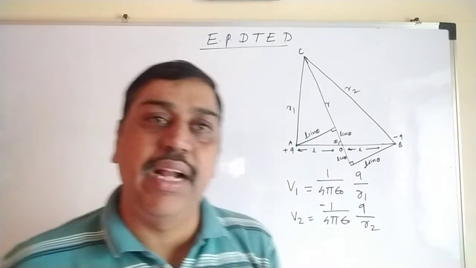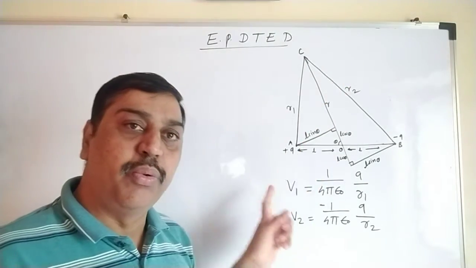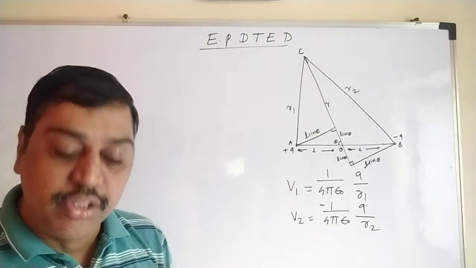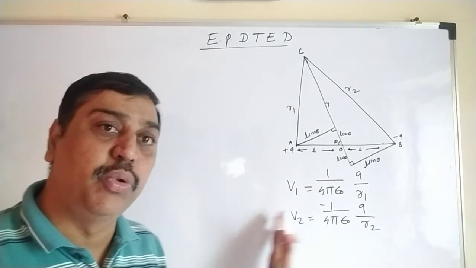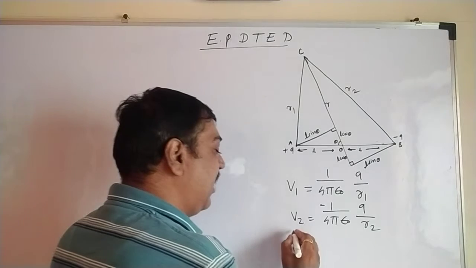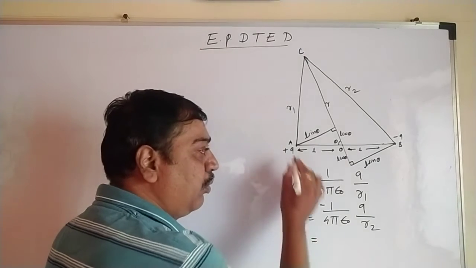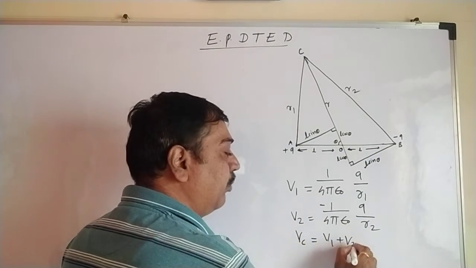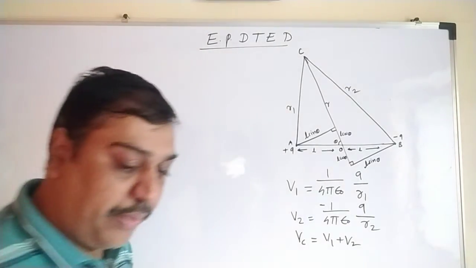These are the two electric potentials at point C due to charge plus Q and charge minus Q. So the electric potential at point C due to these two charges together, the electric dipole, represented by V suffix C, is equal to V1 plus V2, the sum of the potentials.